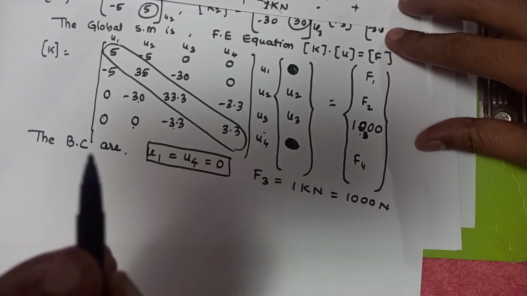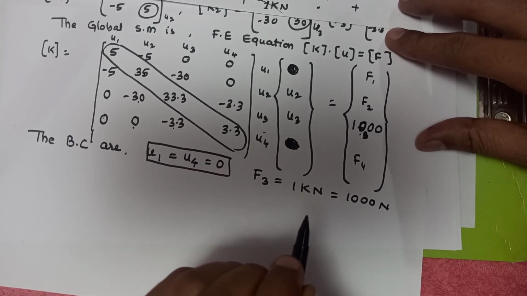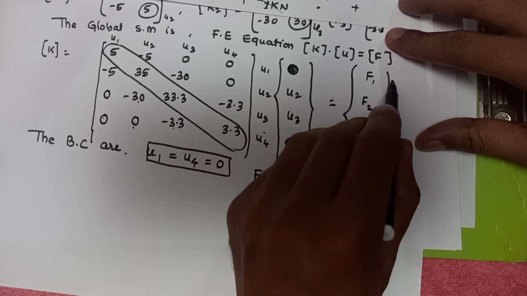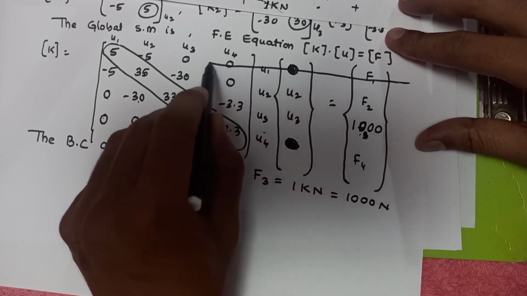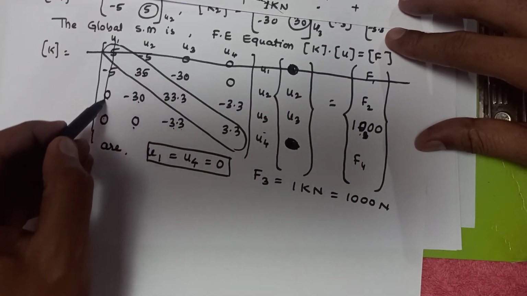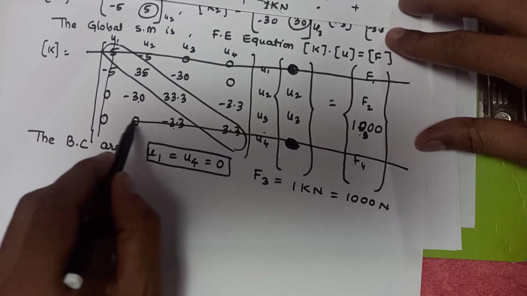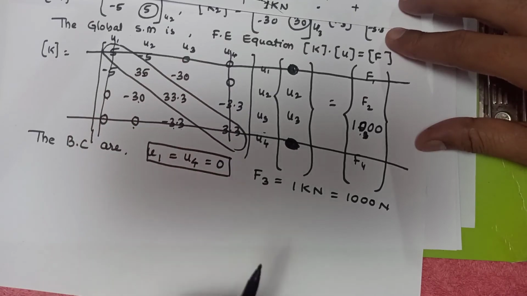Now we'll apply the Gauss elimination method: where the displacement is 0, the entire row and column will be eliminated, the first and the fourth row and column.